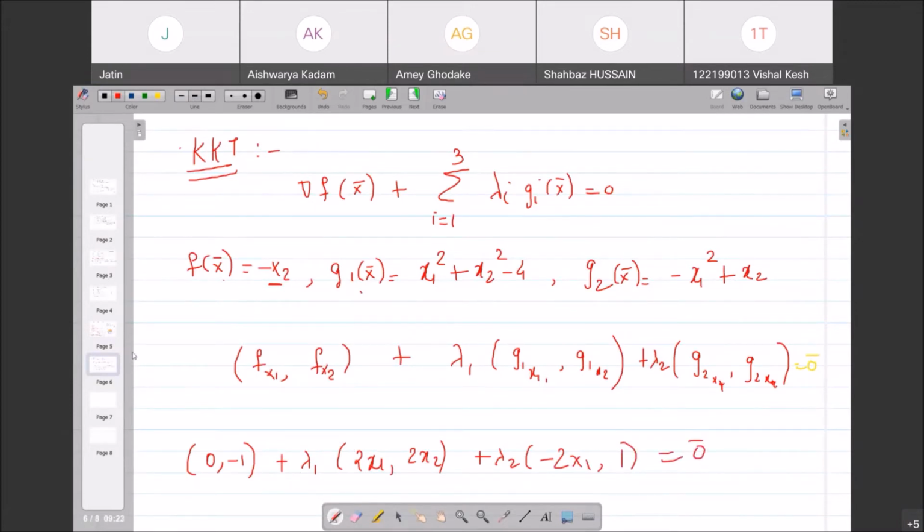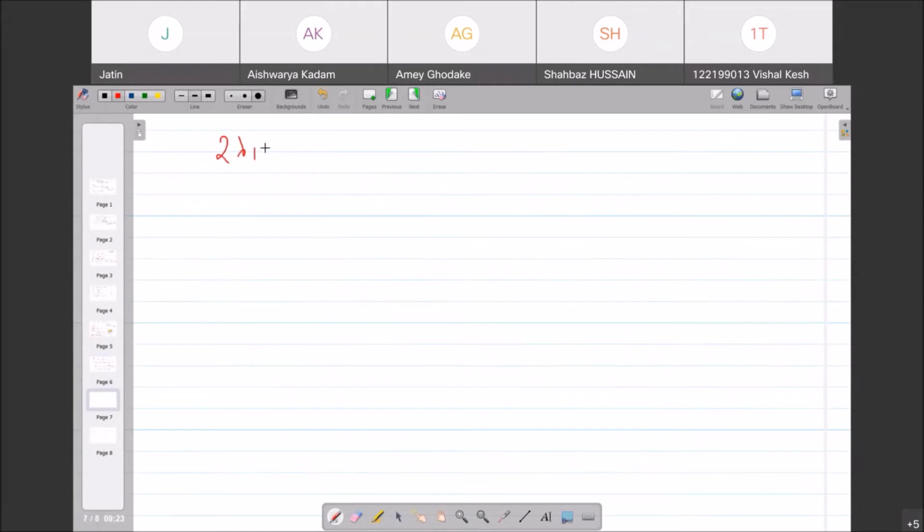Now just multiply this inside. Let me go to the next page. What do you get? I hope you are writing this along with me, or you can just listen to this. That's okay. Make sure the step by step things are clear. So this is 0. This is 2 lambda 1 x1 minus 2 lambda 2 x1, equal to 0.